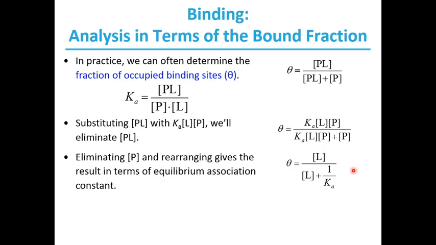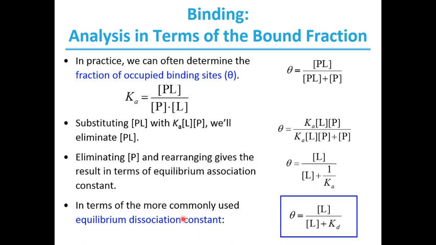In terms of the most commonly used equilibrium dissociation constant, theta, or the fraction of occupied binding sites, is given by the ratio of the concentration of ligand to the concentration of ligand plus Kd.